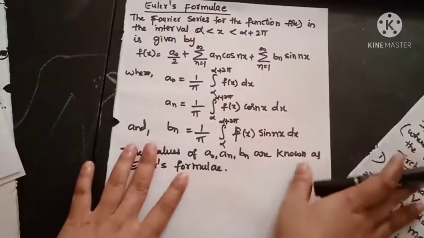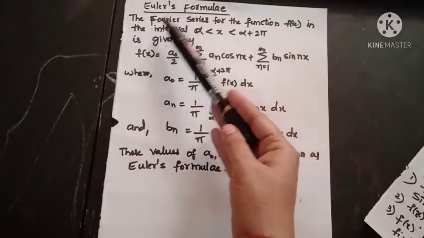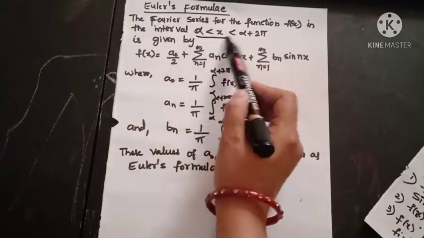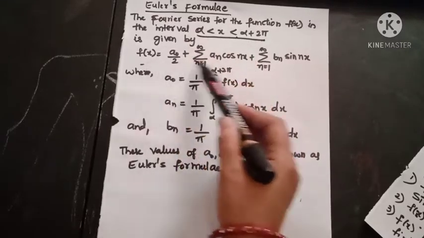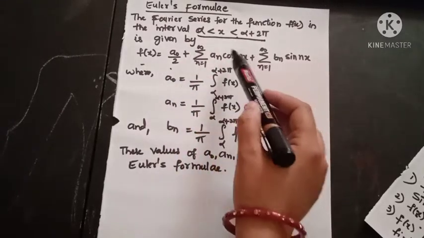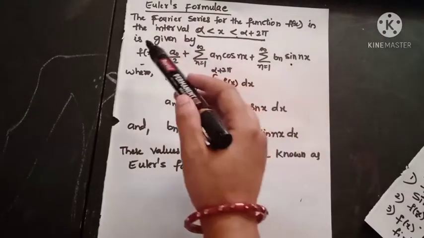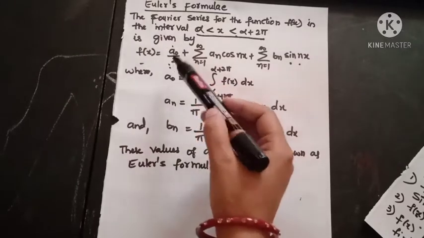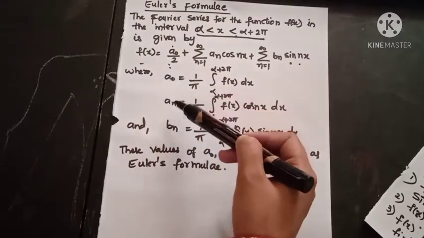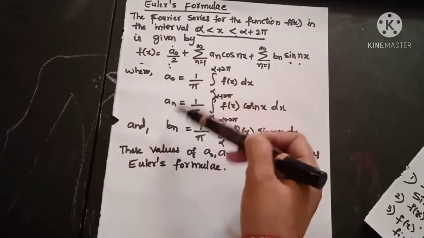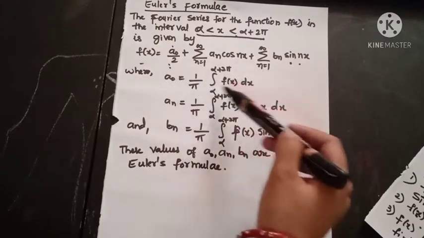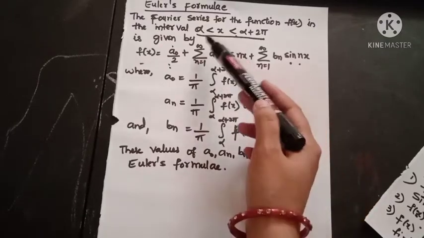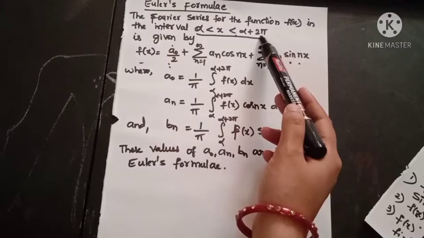Euler's formula says that the Fourier series of f of x in the interval alpha to alpha plus 2 pi is given by a naught by 2 plus the cos series plus the sine series, where a naught, a n, b n can be evaluated by solving these integrals within the interval alpha to alpha plus 2 pi.